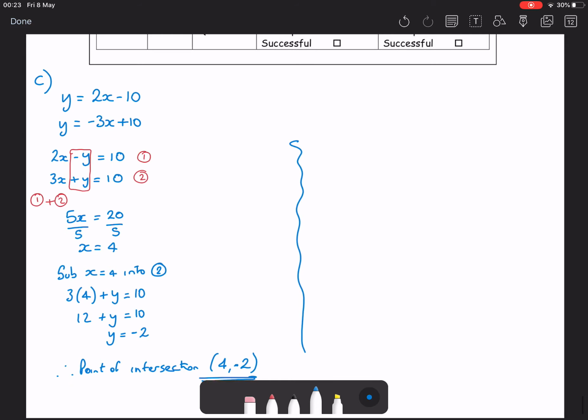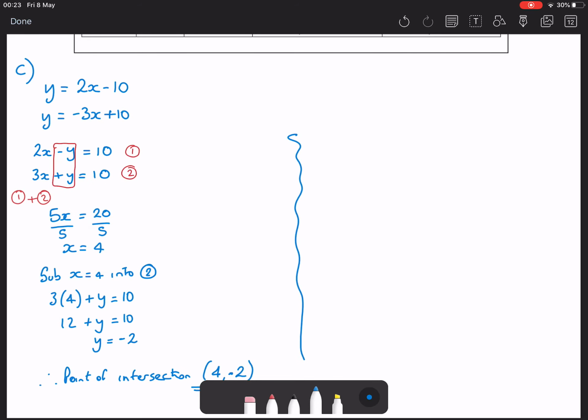Alternatively, in this particular case, I will be able to solve simultaneously by substitution. y is equal to y. In that case, 2x minus 10 is equal to minus 3x plus 10.